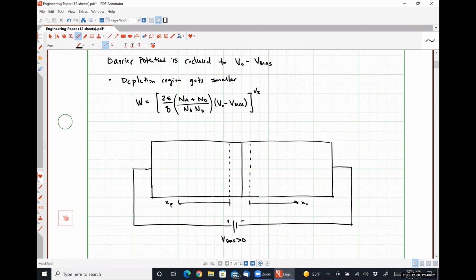So for our holes on the P side, we should have a carrier concentration that looks something like this.